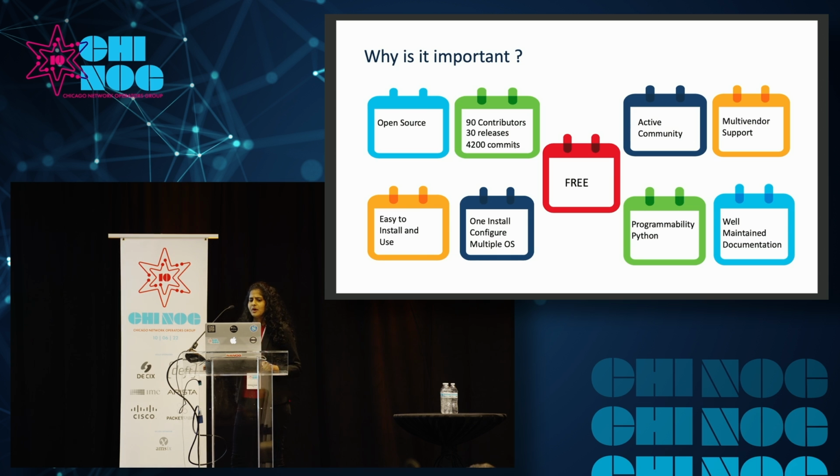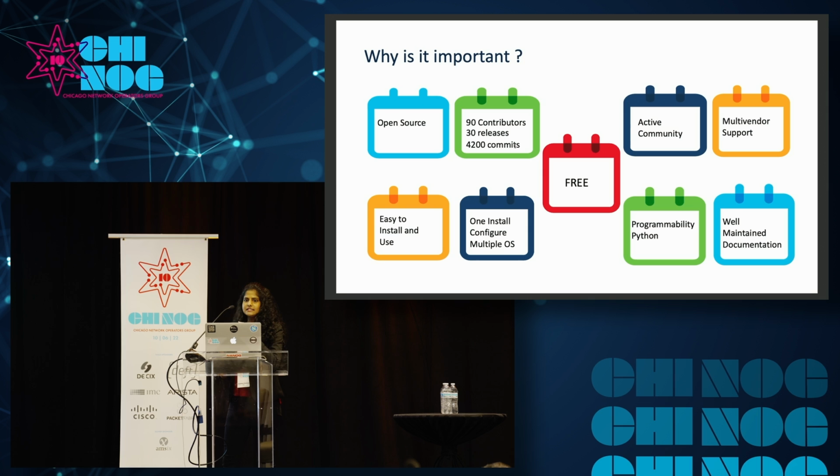So why is it important? Well, it's free to use. Who says no to free stuff, right? And it's an open source project. That means you have the whole flexibility to make changes in the code or to do some enhancement based on your own requirement.